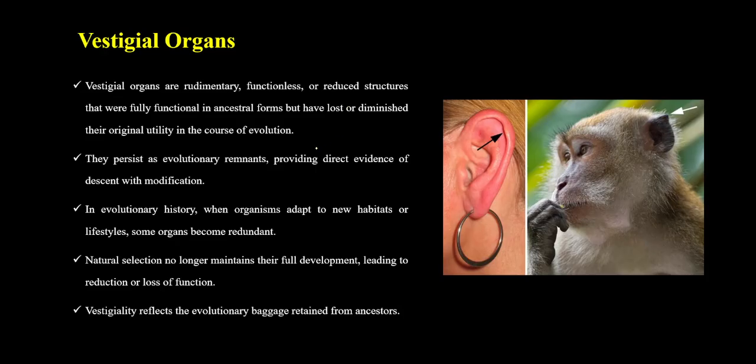So we can say these were the evolutionary remnants providing direct evidences of descent with modification. In evolutionary history, when organisms adapt to new habitats or lifestyles, some organs become redundant. Natural selection no longer maintains their full development, leading to reduction or loss of function. Vestigiality reflects the evolutionary baggage retained from ancestors.